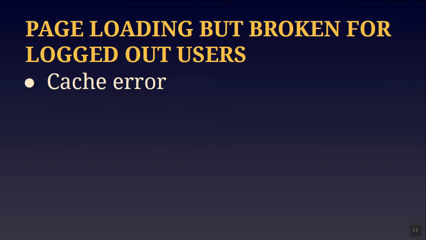If the page is loading, but it works differently for logged in and logged out users, well, 99 out of 100 times it's going to be a cache error, because cache usually is applied only to logged out users.